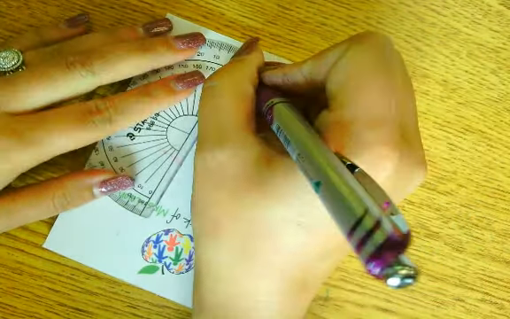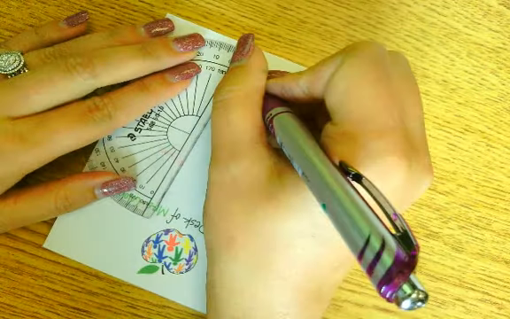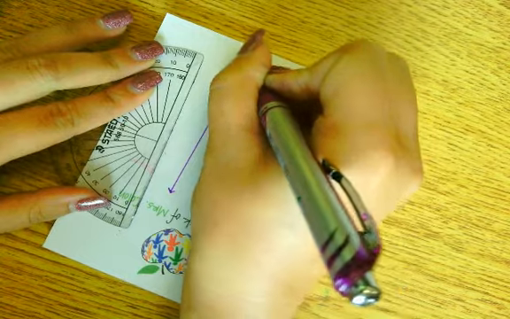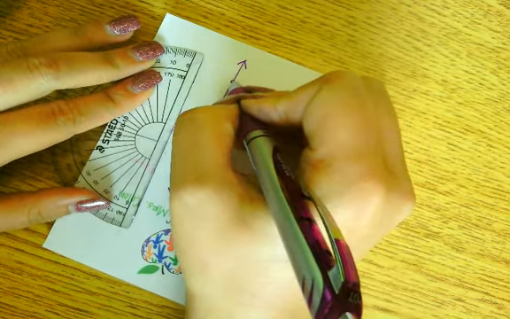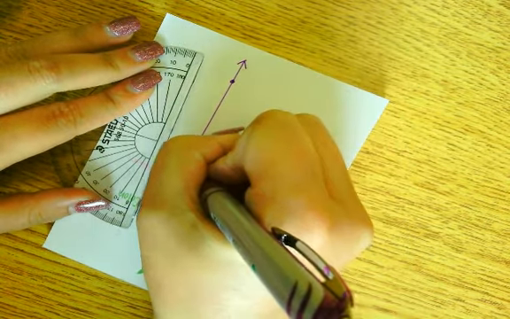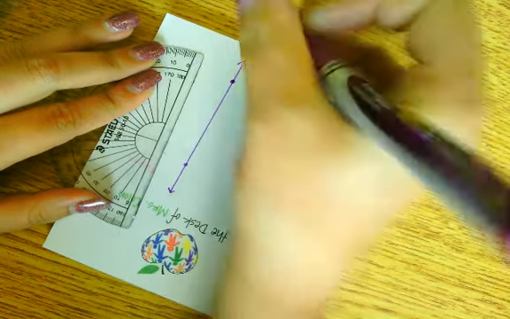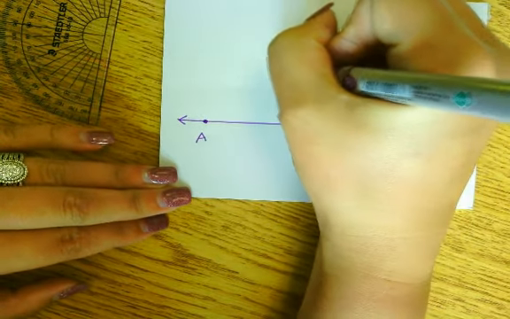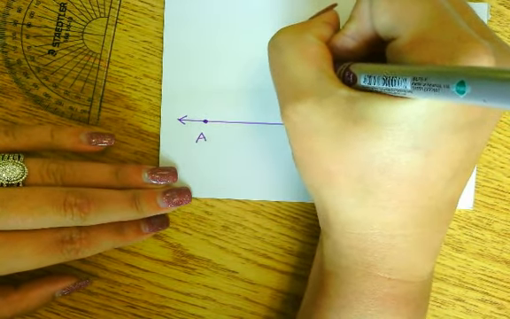Let's go through it step by step. What is my first step? Find the distance from C to the line so that you can create that arc. So find the distance from C to my line, and then I'm going to draw my semicircle.